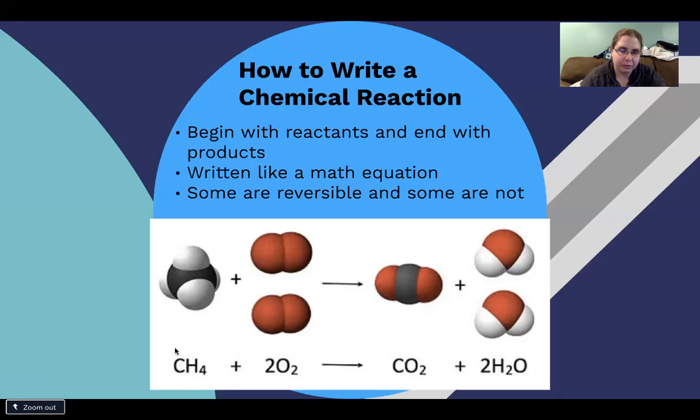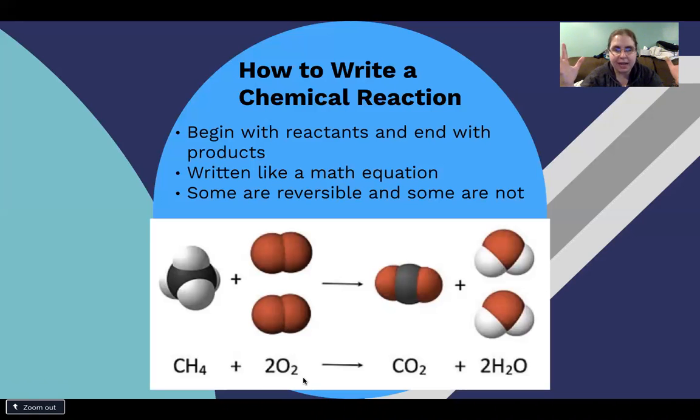Same here. The fact that we wrote CH4 means we have one CH4. If we had more than one, then we would put a big number in front of it, like we did here. So we have one carbon with 4 hydrogen, so that's 1 CH4. We have oxygen bonded to oxygen, that's O2, but we have two of them, so 2 O2.